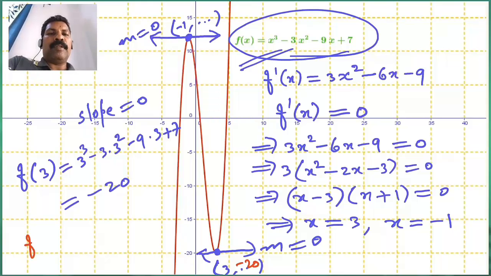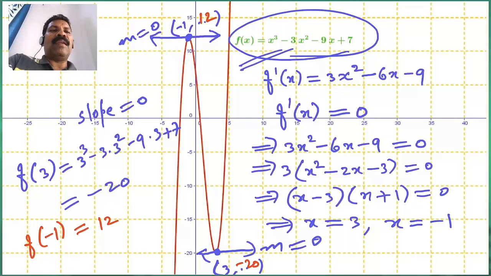Similarly, you have to compute f(-1). So f(-1) you have to compute. f(-1) also similarly you can compute, that you can have 12. Therefore this point will be (-1, 12). So the points on the curve are (-1, 12) and (3, -20) at which the tangents are parallel to the x-axis.